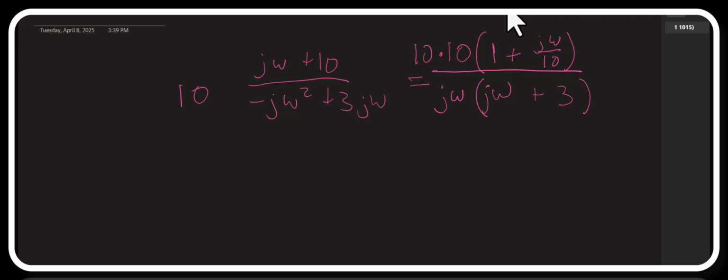No, that just gives me minus omega squared, not minus j omega squared.